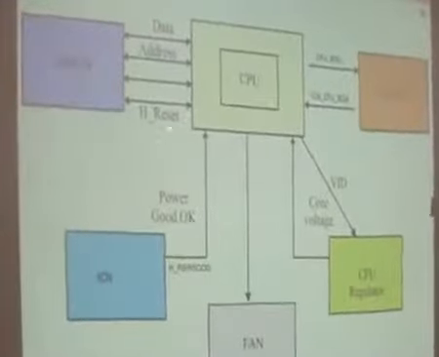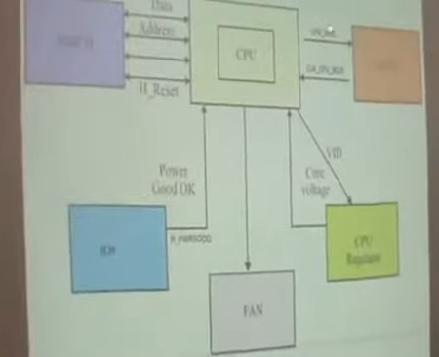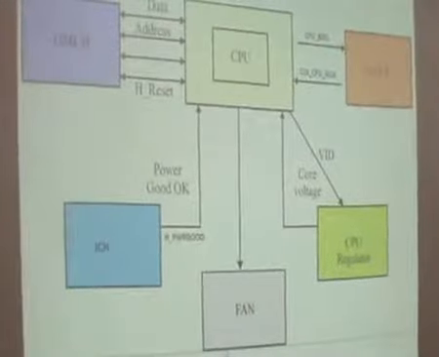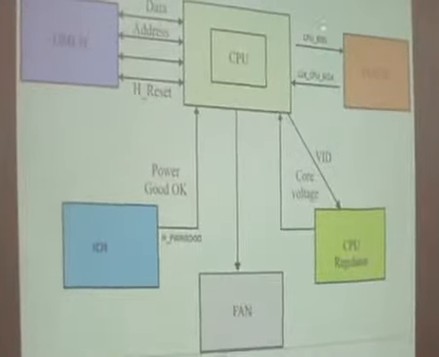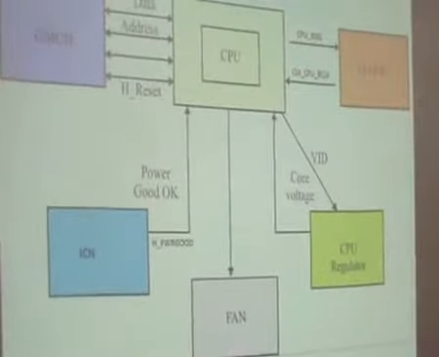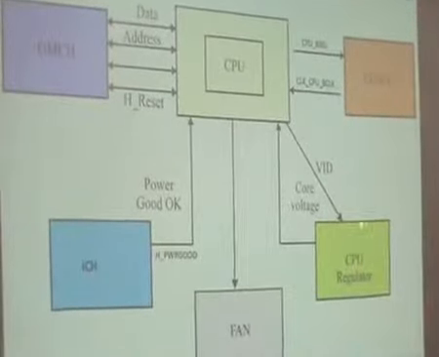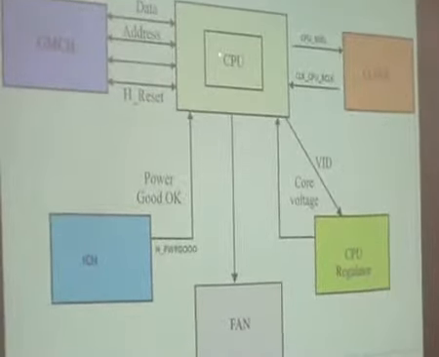Now we'll come back to our main block diagram. We have covered this: GMCH issues an H reset signal to the CPU. CPU issues a signal CPU_BSELECT. Then the clock generator issues the signal CLK_CPU_BCLK. Then CPU core voltage: the CPU regulator supplies the core voltage.